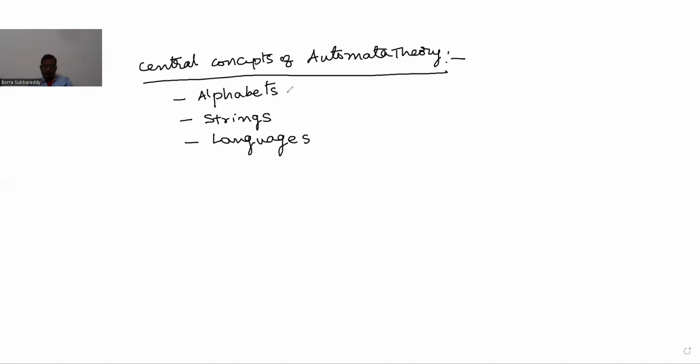First, I am explaining alphabet. What is an alphabet? How do we represent alphabets in automata theory? An alphabet is nothing but a set of symbols, which is always finite.